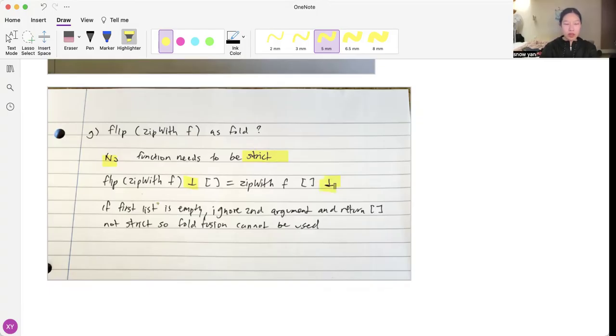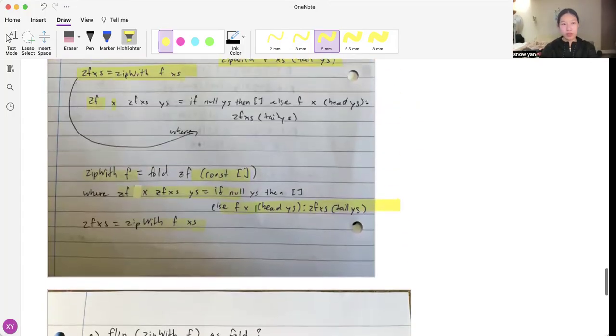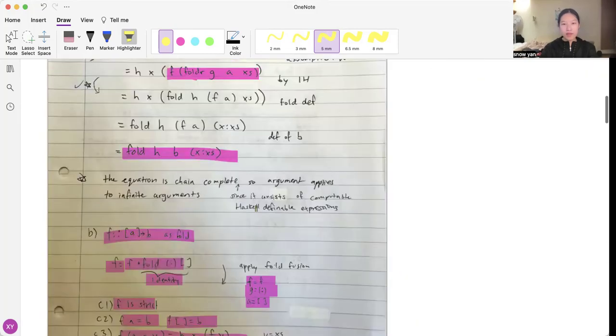And when it becomes the second argument, and the first is an empty list, we would run into a problem where we just automatically treat it as an empty argument, which is going to return empty. We're not going to even look at the second argument, which means that we aren't strict anymore. So fold fusion cannot be used. So that would mean that we would fail the test. Okay, that's it for this question.